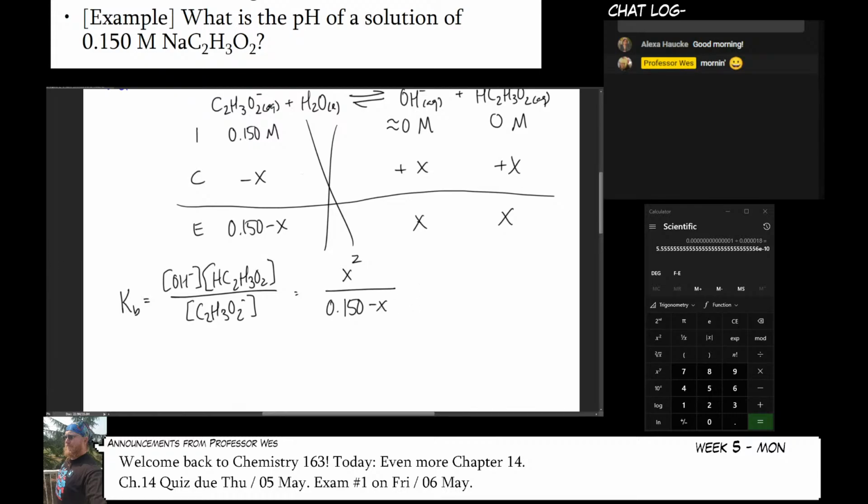We're going to make our favorite approximation, and we'll just check to see that that's true later. So if I solve for X, that's going to be 0.150 times Kb, square root, right?